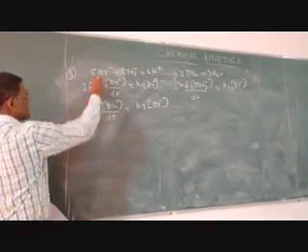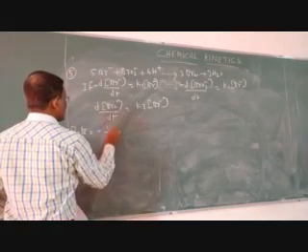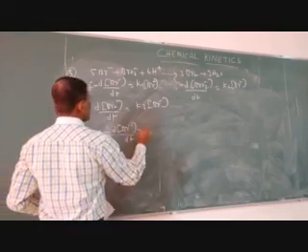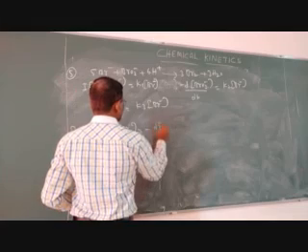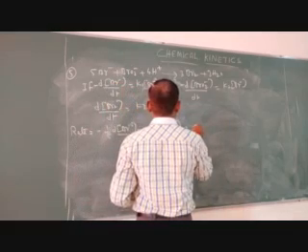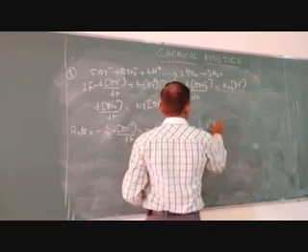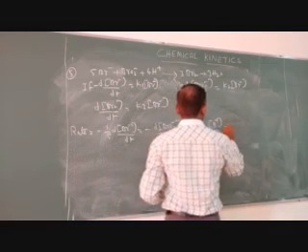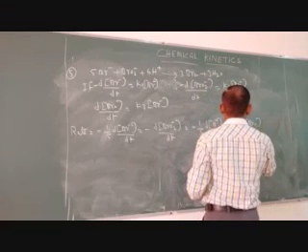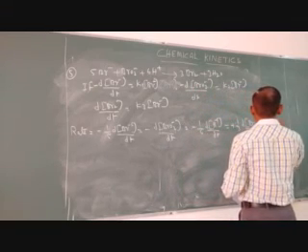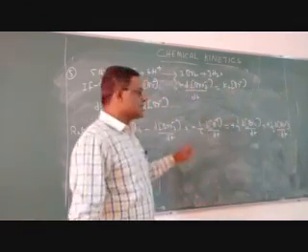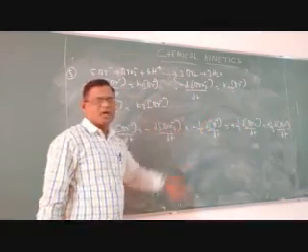With respect to reactants, minus 1 by 5 d[Br minus] by dt is equal to minus d[BrO3 minus] by dt is equal to minus 1 by 6 d[H plus] by dt is equal to plus 1 by 3 d[Br2] by dt is equal to plus 1 by 3 d[H2O] by dt. This is the rate expression with respect to reactants as well as products.